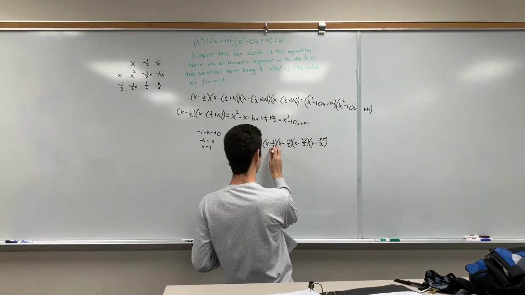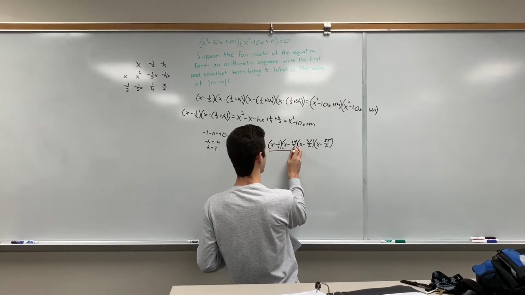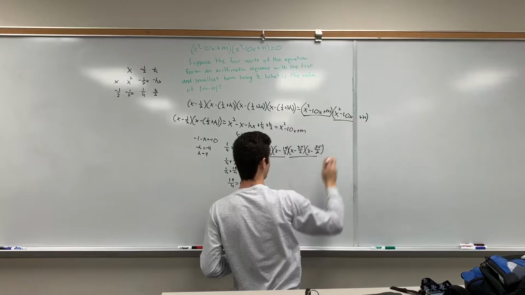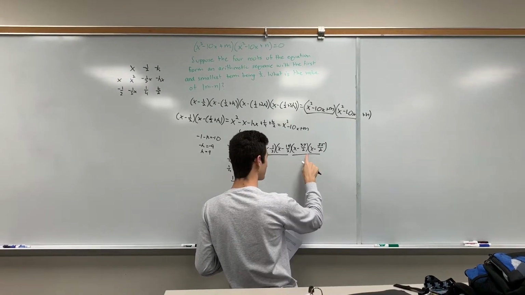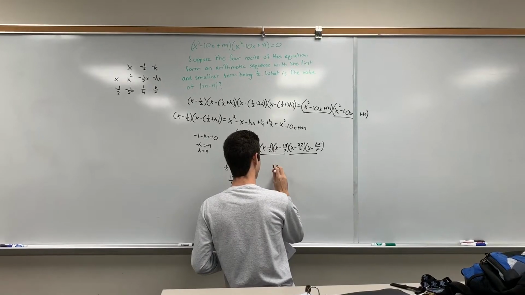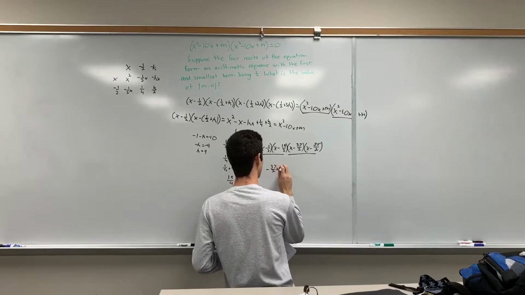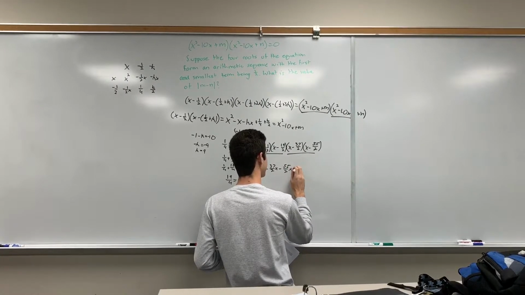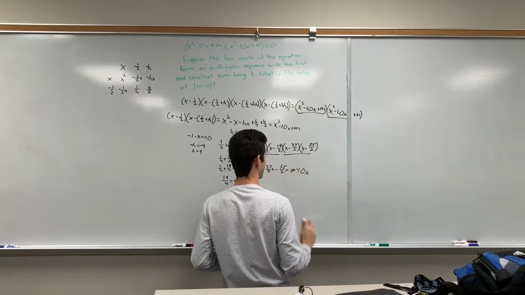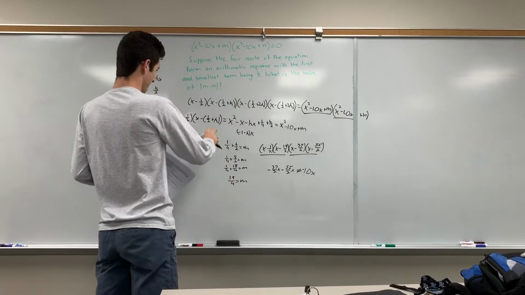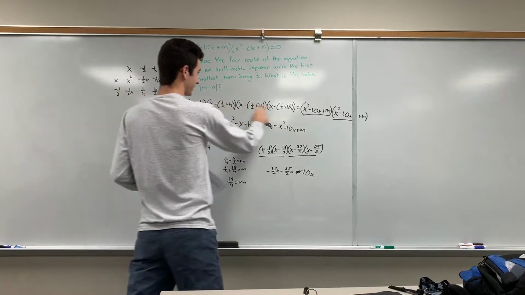These two multiply together to get this one, and these two multiply together to get this one. But when you multiply these together, you get minus 37/2 x minus 55/2 x, and that does not equal -10x. So these two do not multiply together to get this one.